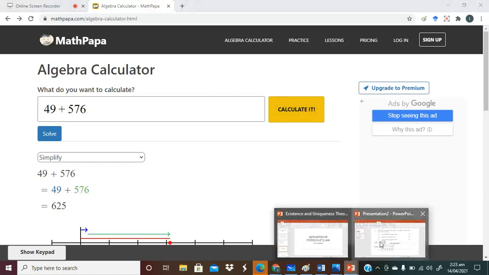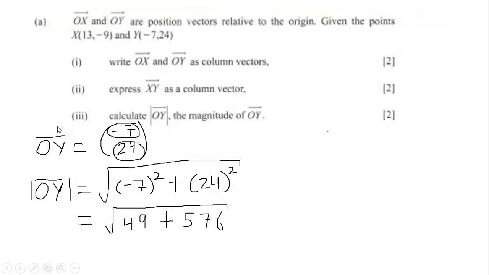So that means what we put here at the bottom is still the square root sign, but it's 49 plus 576, which is equal to 625.